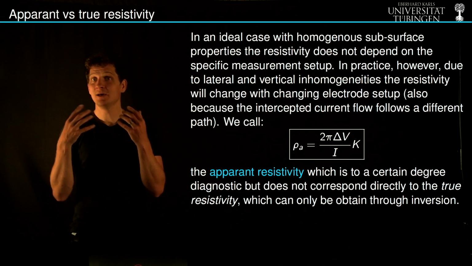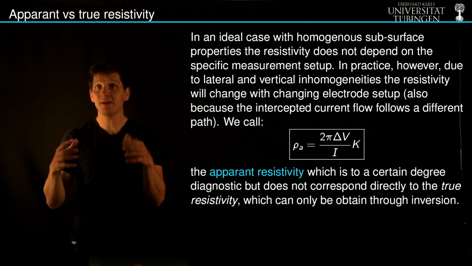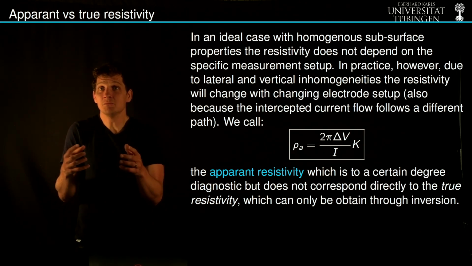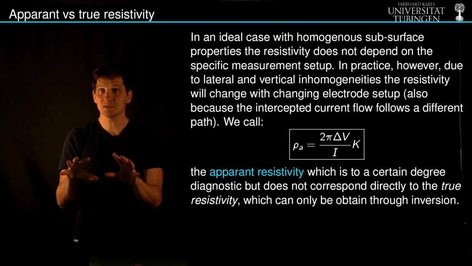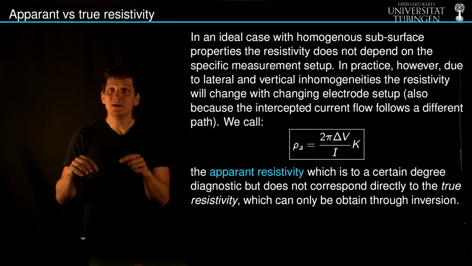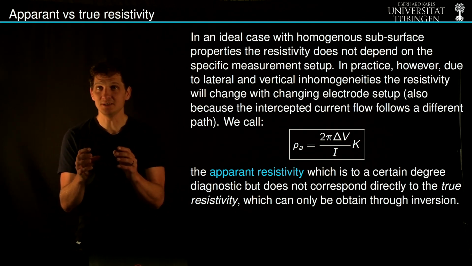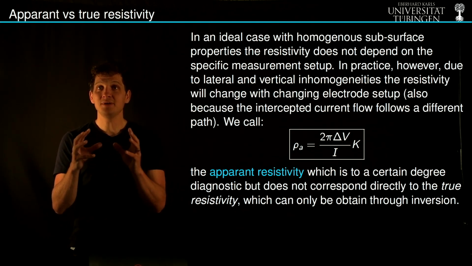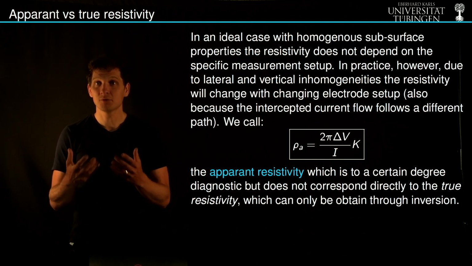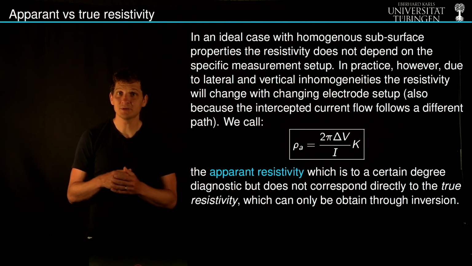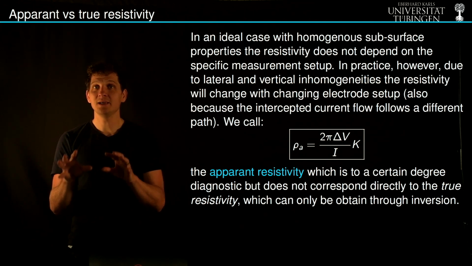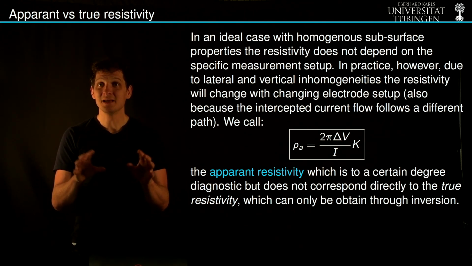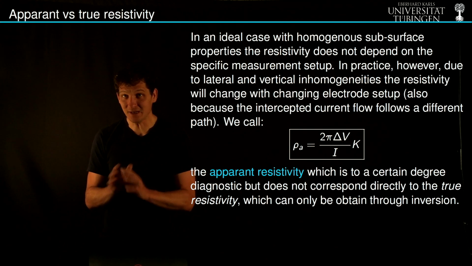So if the apparent resistivity is very, very high, then very likely you have a poor conductor in the subsurface. However, the true resistivity can only be inferred with more rigorous methods, in particular an inversion, and this we will cover in the following videos. But for now, I think it's definitely enough.